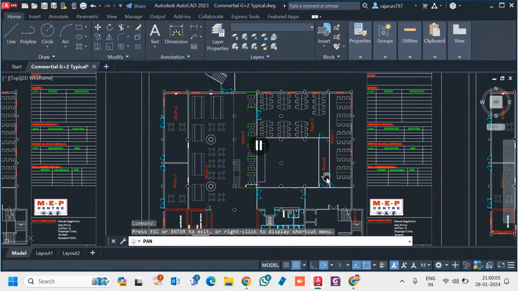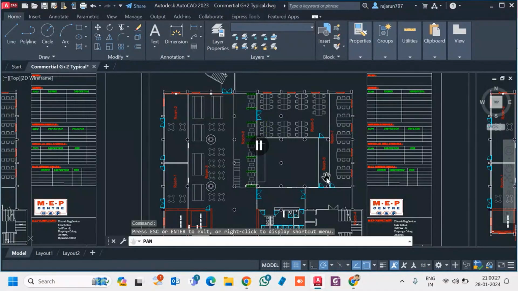First ground floor, first floor, second floor, third floor, like that we have to do the calculations. So you need location. Take location as Mumbai, everyone.